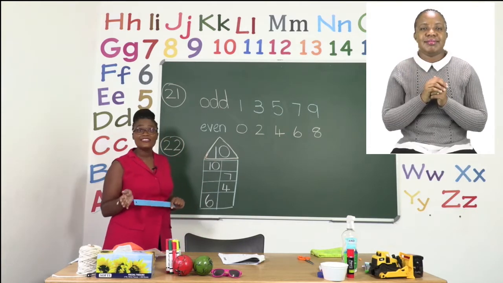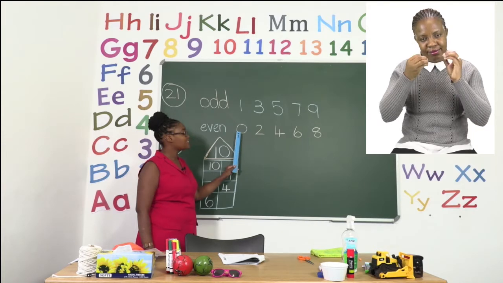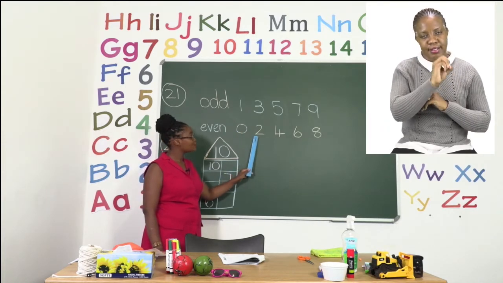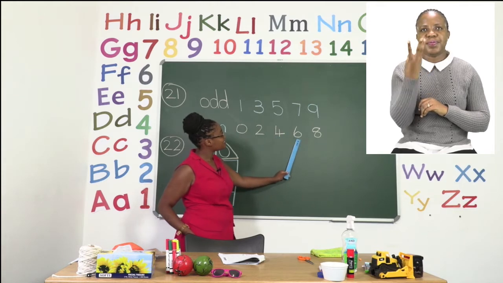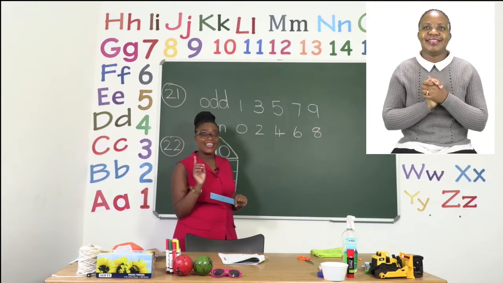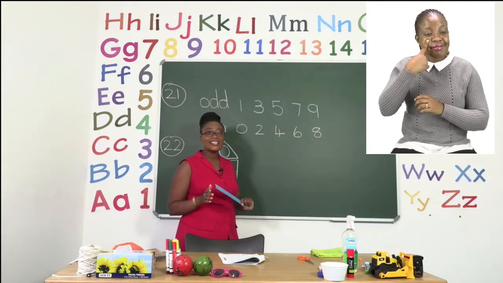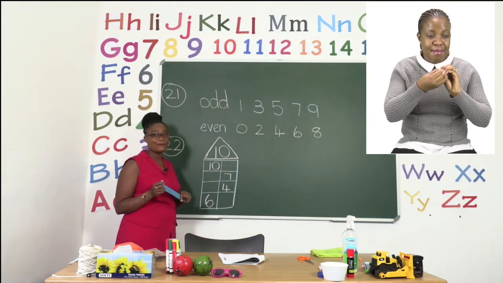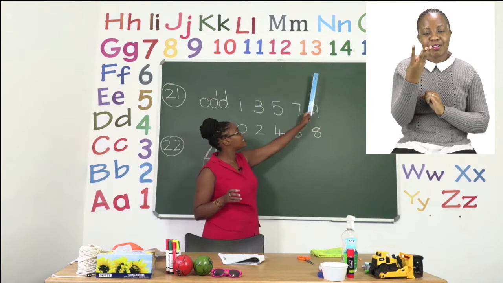Then our even numbers end with either 0, 2, 4, 6, or 8. That means at the end of a number, if you see any of these, then it is an even number. For example, the number 14.